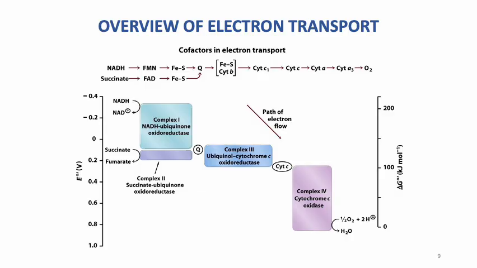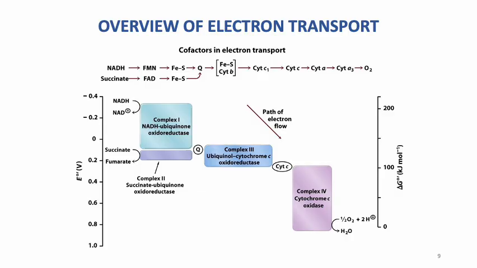If the electrons come from succinate, when succinate is oxidized to fumarate, that's one of the steps of the Krebs cycle, as you learned earlier. Then these will pass through complex 2. In complex 2, again, there are several electron carriers that will pass the electrons to complex 3 via quinone. In other words, the quinone will shuttle the electrons between complex 2 and complex 3.